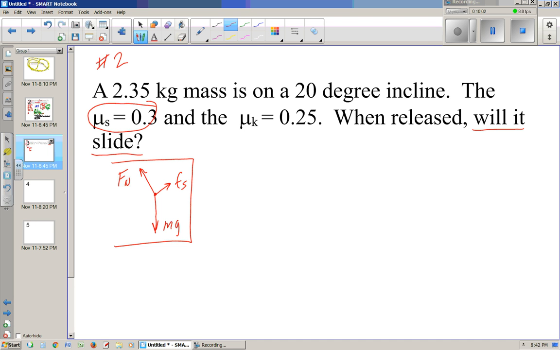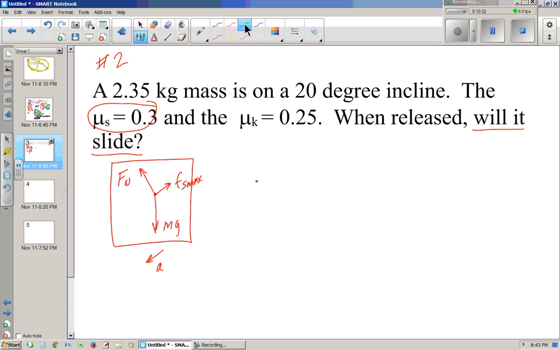So let's mark this for our acceleration. Now what's the modified version of this problem, just like it was on the last one? Oh, by the way, this is not F static here, this is F static max that we're going to compare it to. Okay, so it won't break loose until the force is greater than F static max. So it's not just any old F static, it's F static max.